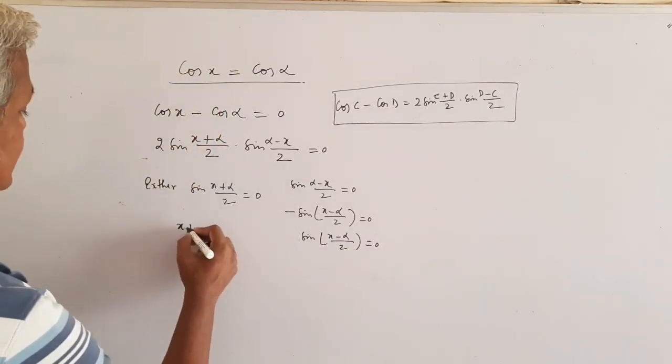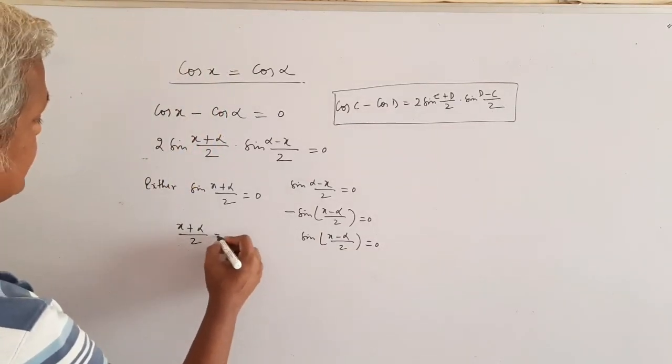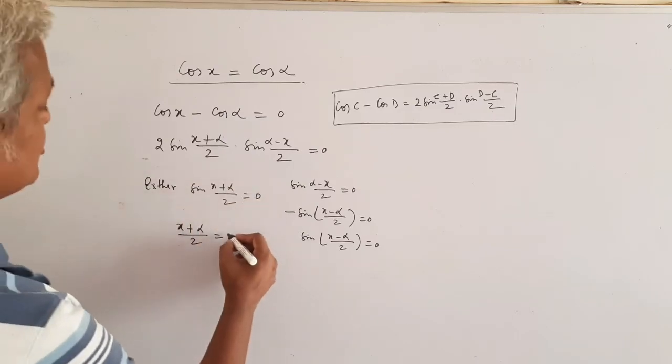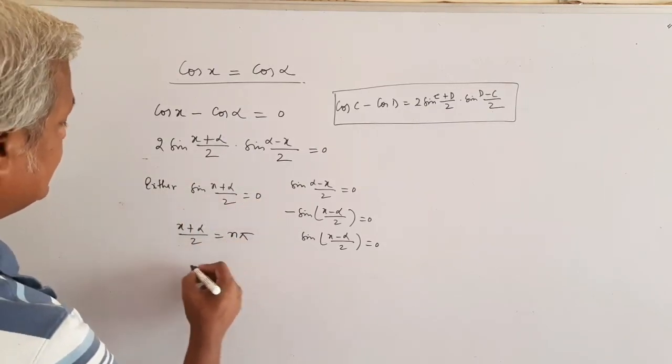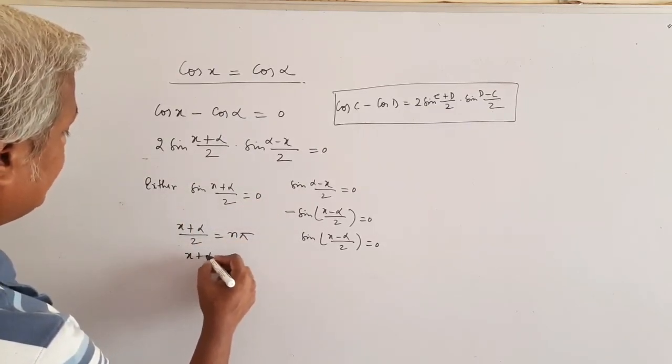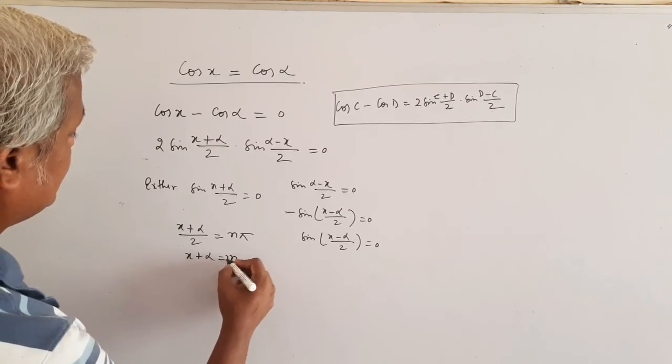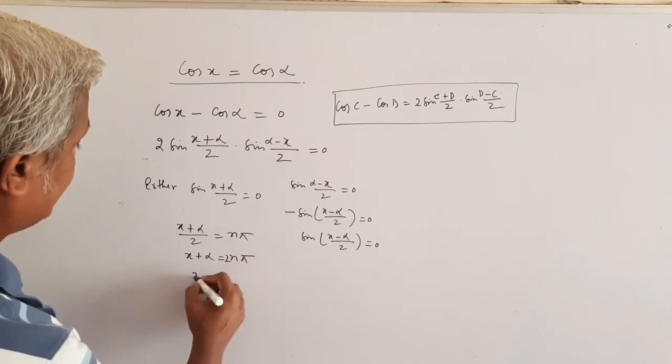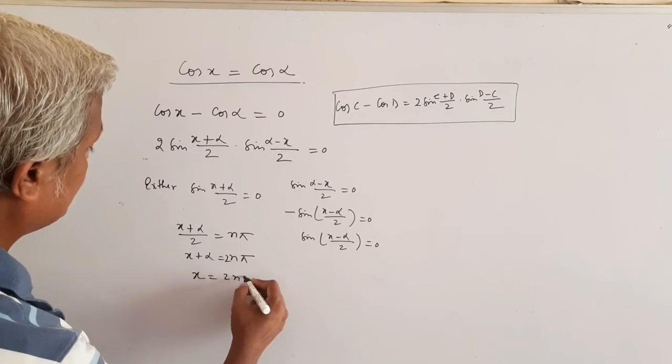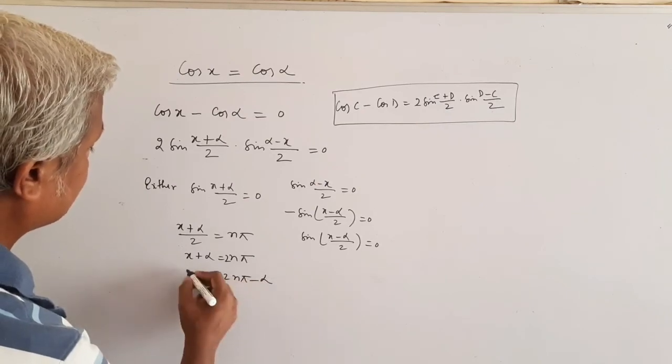So x plus alpha by 2, when sine is 0, what is the solution? That is n pi. So x plus alpha is 2n pi. x is 2n pi minus alpha.